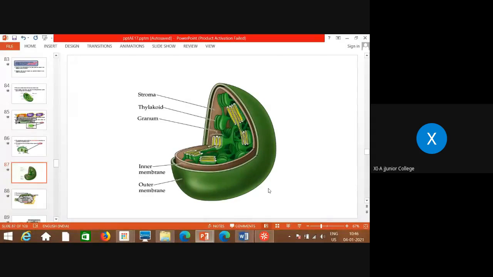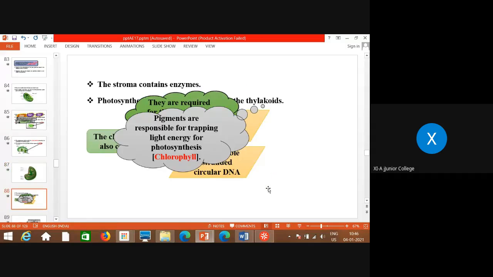So this is one more structure, again a 3D structure of the chloroplast you can see. The stroma contains enzymes, and pigments are responsible for trapping light energy for photosynthesis. So each and every part of the chloroplast is very important. The membrane, and the stroma, which contains the enzymes for the dark reaction of photosynthesis, which has 2 parts.